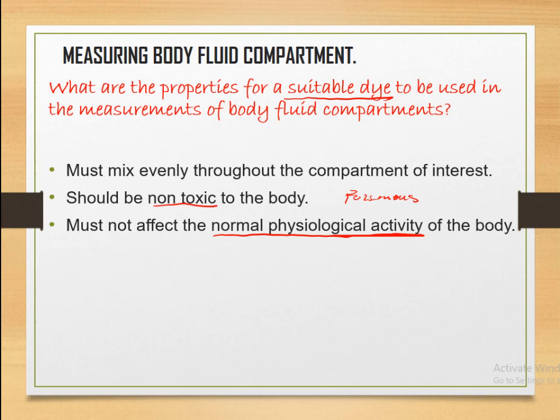At the end of the day, they lose their hand, they lose their legs, all because they were injected with a wrong substance that affected the physiological activities of the body. So when we are measuring any body fluid of interest, we need to make sure that the dye we are using does not affect the normal physiological activities, such as the breathing rate, the heartbeat, the blood flow, or anything else.